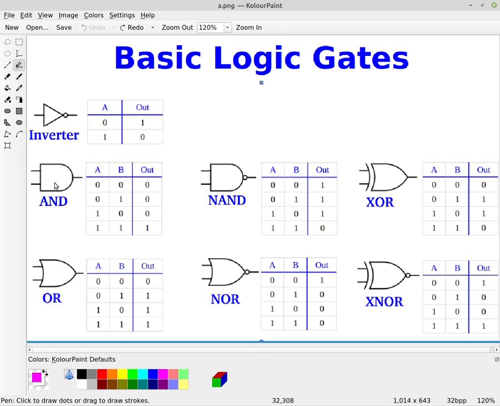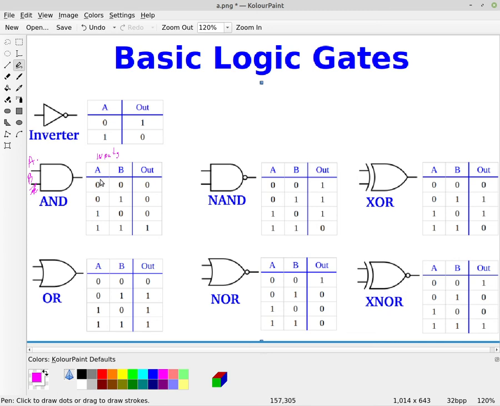The next one is the AND gate. So with the AND gate, here we have our inputs, which are labeled A and B, so we can have 2 inputs. Okay, you could have more inputs to an AND gate, but you got to have at least 2. And the AND gate says that A and B must both be a 1.